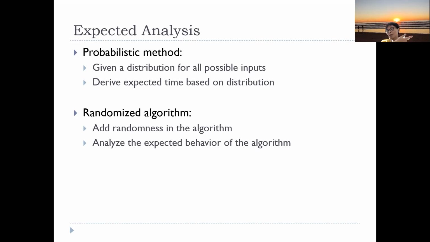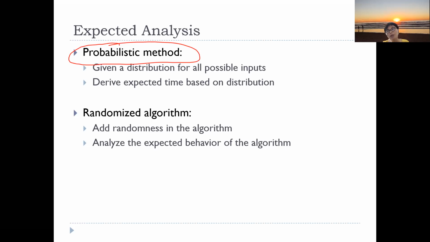Because some inputs may happen more often than others, right? And then you can average it out. Doing such analysis, sometimes we call this probabilistic analysis. So this basically gives you the average time complexity, but you have to assume that we know the distribution of the input. We're going to see an example in a minute.